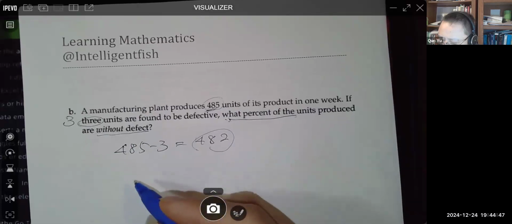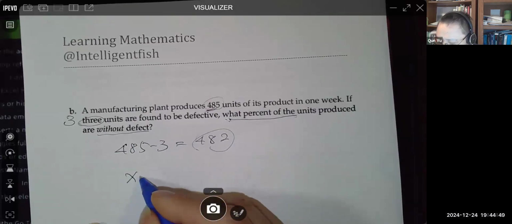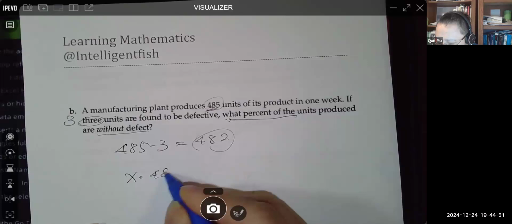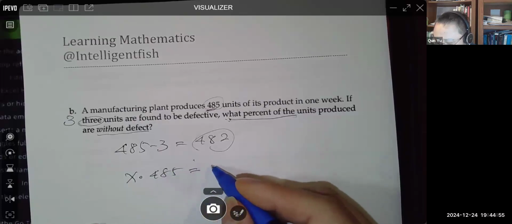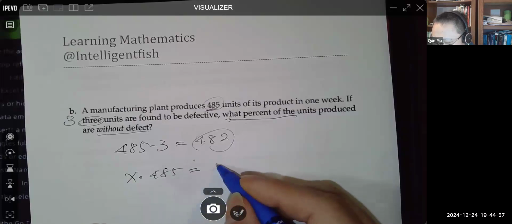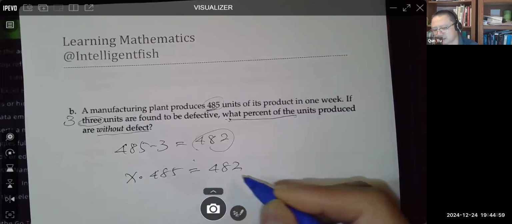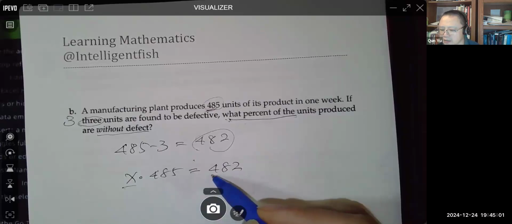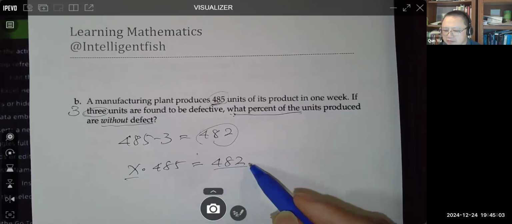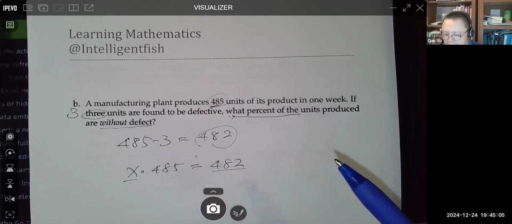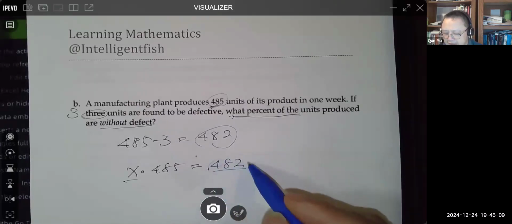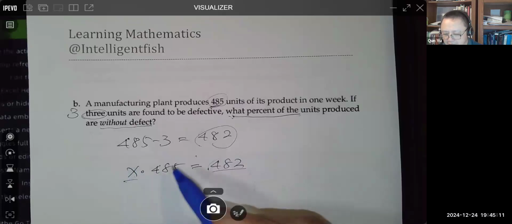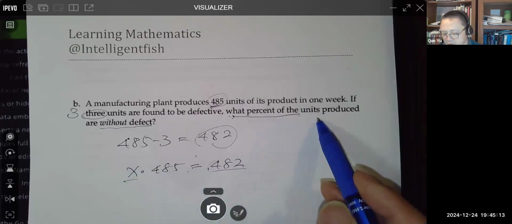So X% of 485 units are not defective. The X% of this must be 482. These two have to have the same meaning. One is the actual amount, one is the percentage. That means this number of units without defect is X% of the whole thing. That's what we are looking for.